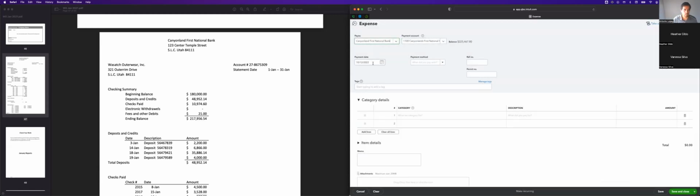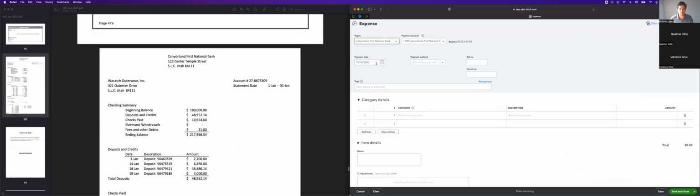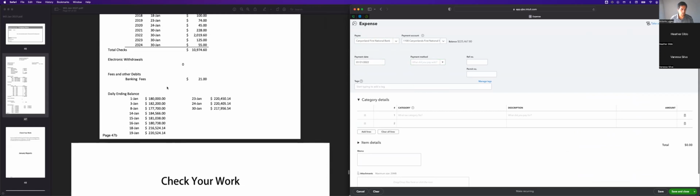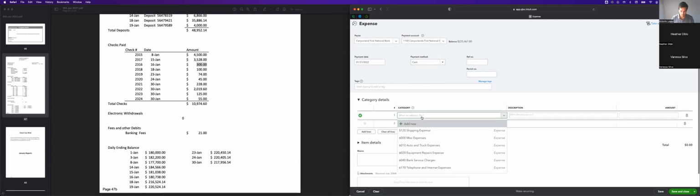So we have that. We have this date is January 31st, usually is when they do the bank fees. Payment method. Guess technically it's cash because it's cash that they removed from our cash account. And then we have bank fees.